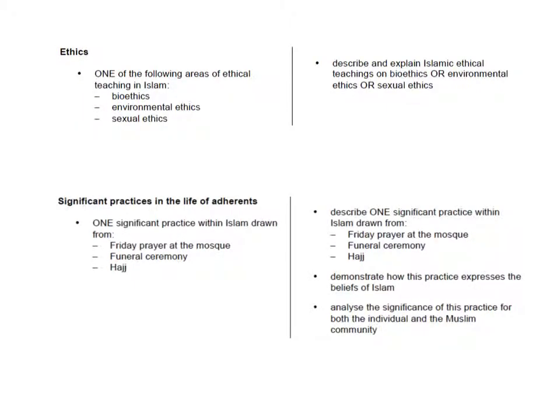The ethic that we look at within Islam, or the Islamic tradition, is again bioethics. Now, what I didn't mention before with Christianity is all of your ethical decision making. We learnt this at the very start of year 11. Where are those ethics drawn from? We know that ethics are guidelines, like a set of rules for a religion.